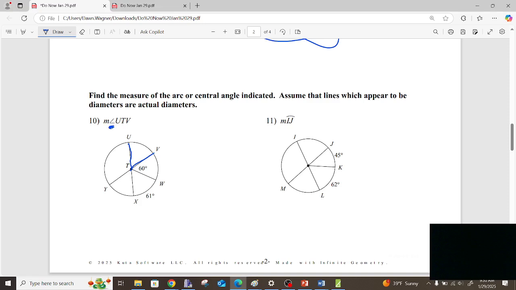And this means angle, while this means arc over here. Any ideas? 60 plus 61 is 121. And then what do I do?